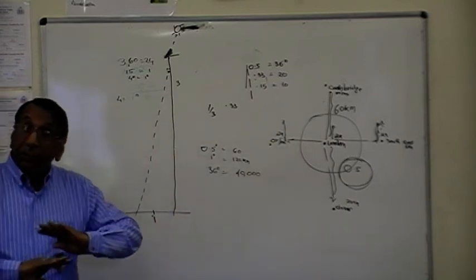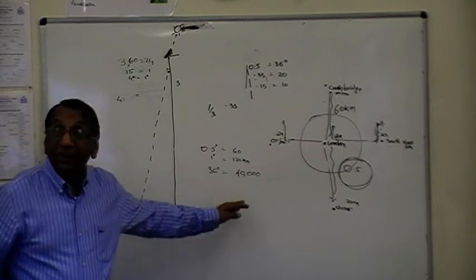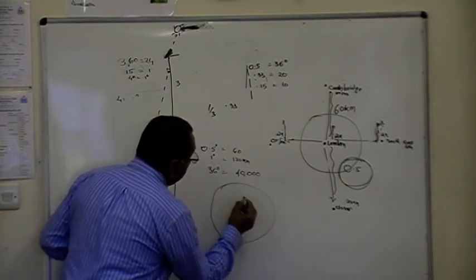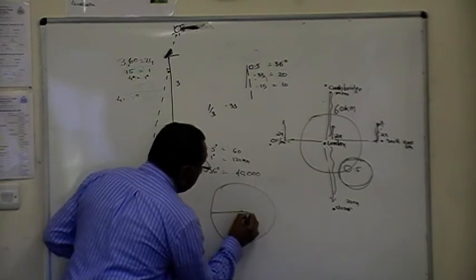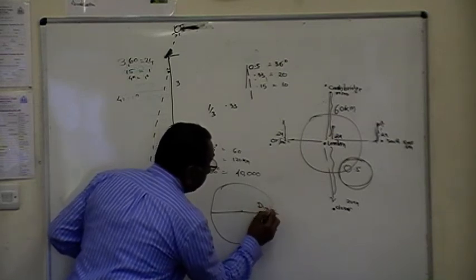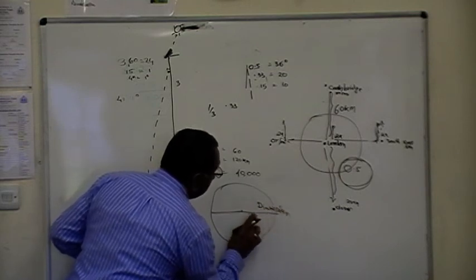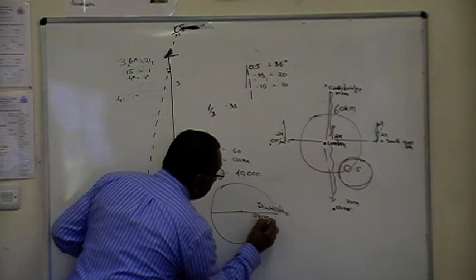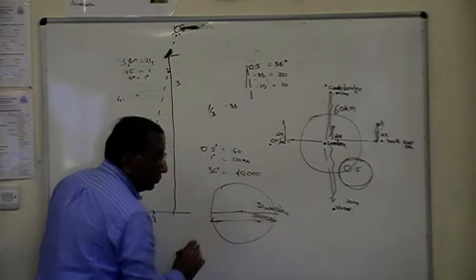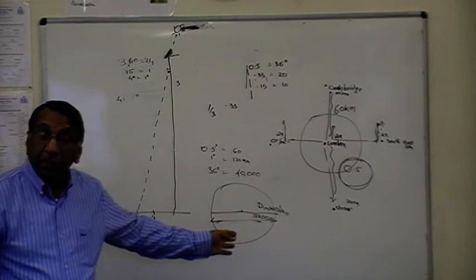That is how, without measuring the Earth, we assume the Earth is that big. If it is 40,000, we can calculate the diameter of the Earth. It comes to about 12,000 kilometers. We can use 2 pi r here to make sure it is correct.